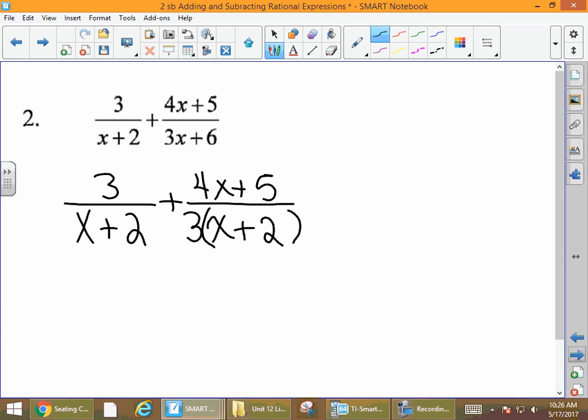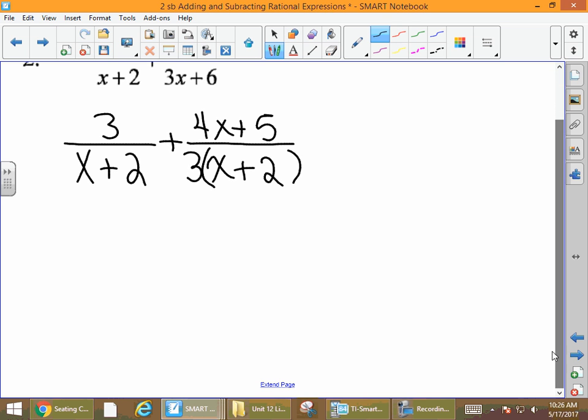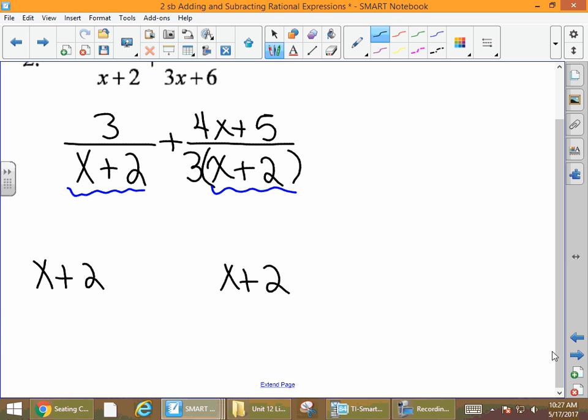And now we can identify what the common denominator is, so that we can eventually add these two fractions together. And what we see in each of the fractions is each of them has an x plus 2 in it. And consequently, because they each have an x plus 2, it is going to be part of the common denominator.